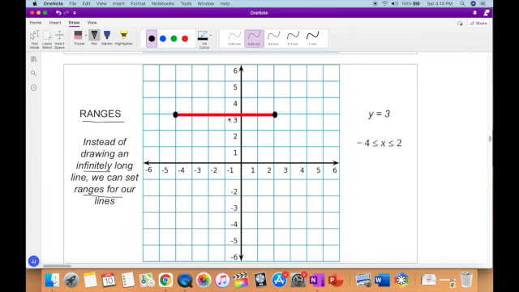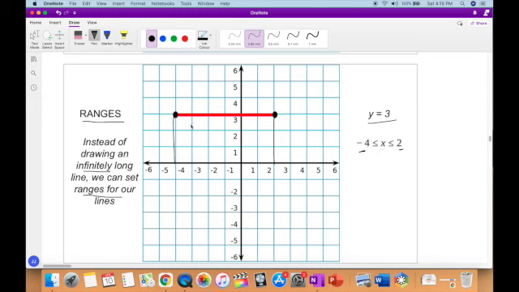For example, this is the line y is equal to 3. But look at the range. We have a range here of x values greater than -4 and less than 2. You can see here that x is 2 here, and x is -4 here.